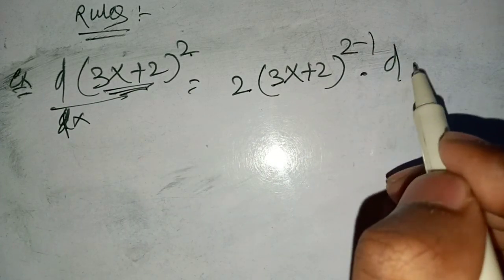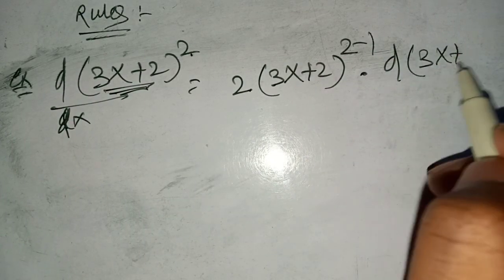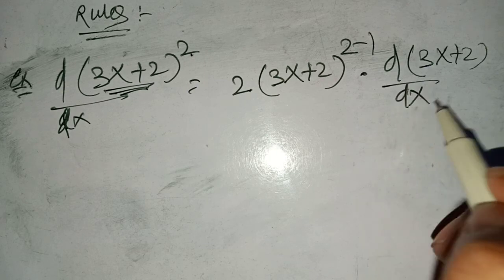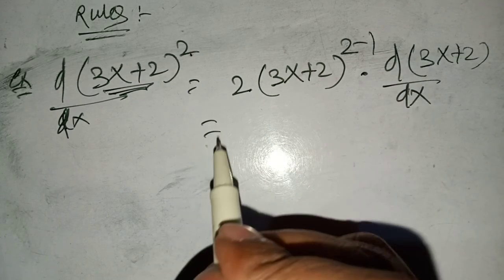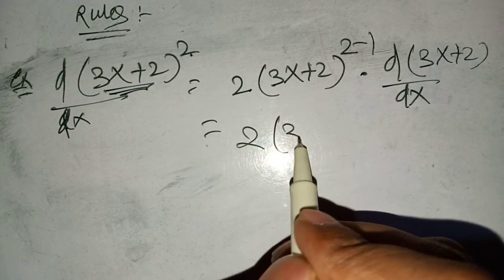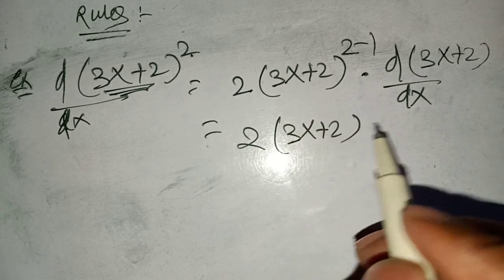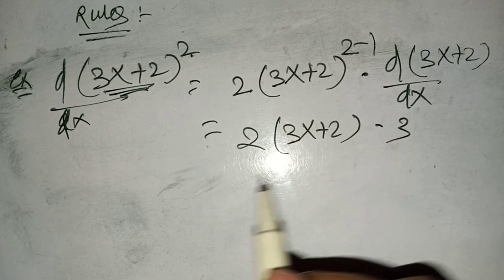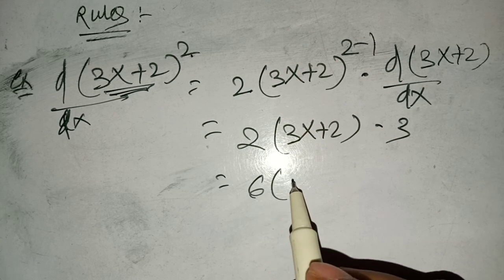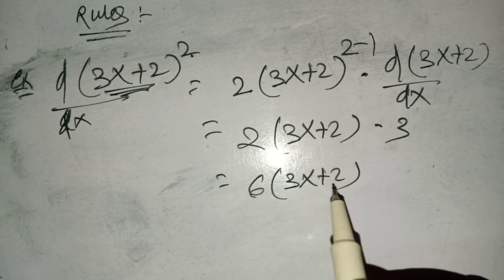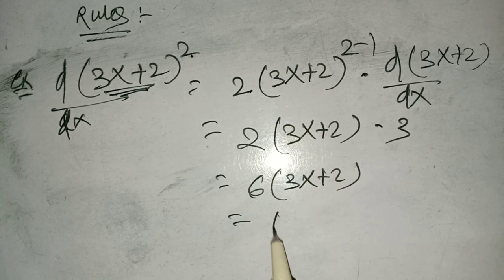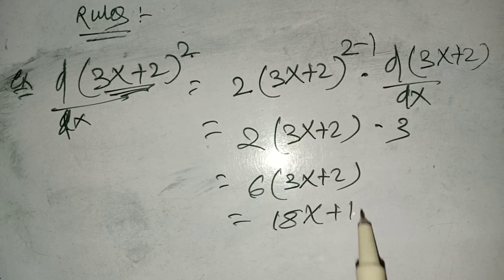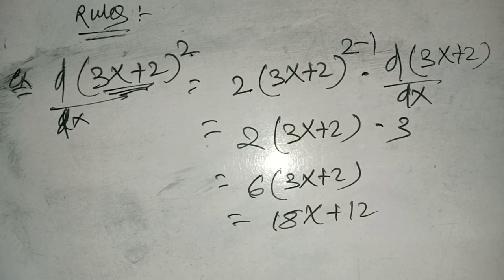So d of (3x plus 2) by dx, which is equal to 2 into (3x plus 2) into 3. So the answer is 6 into (3x plus 2), which is equal to 18x plus 12. Understand?